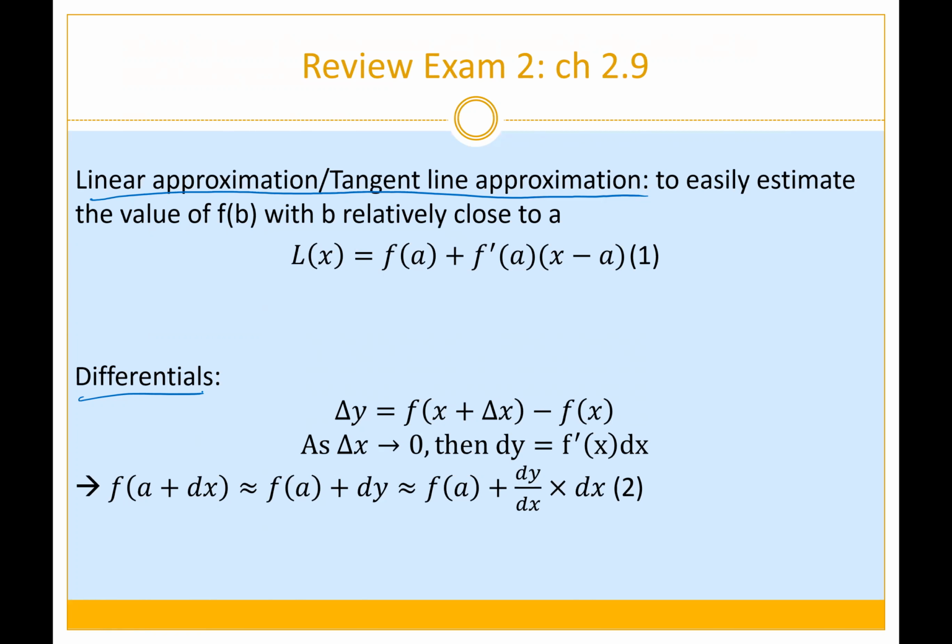The linearization says that L(x) equals f(a), which is easy to find, just plug in, plus f prime of a times (x minus a). Here f prime of a is the derivative f prime of x with a plugged in.